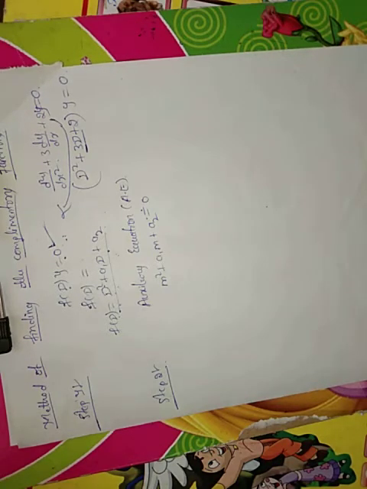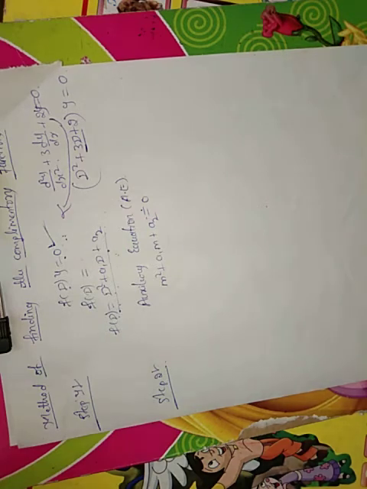First you have to write down f of D of y equal to 0, and then write down the f of D, that is, D square plus a1 D plus a2. Then write down the auxiliary equation, which means wherever there is D, replace it by m and equate it to 0.